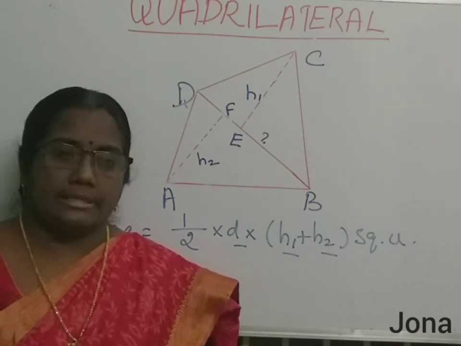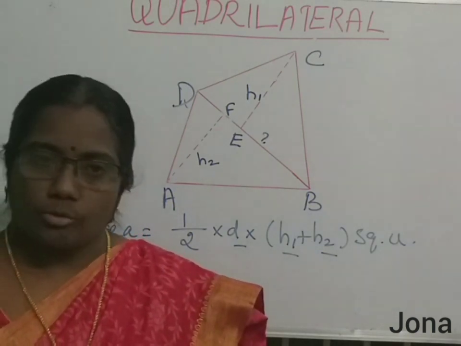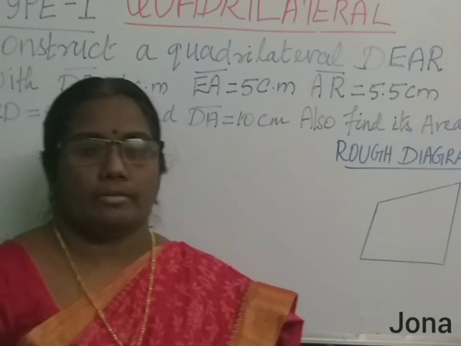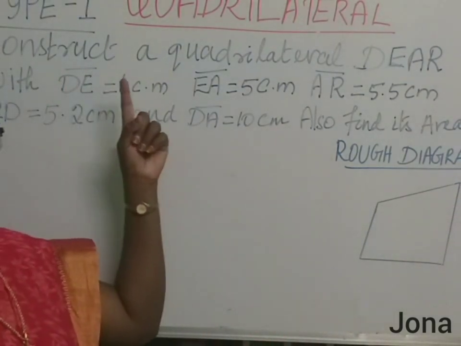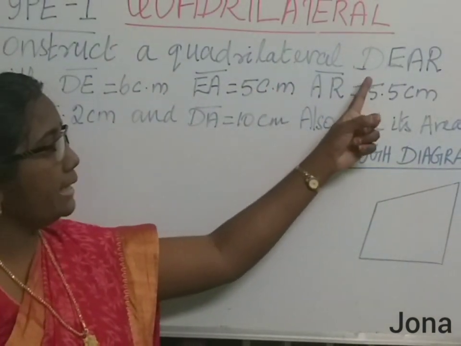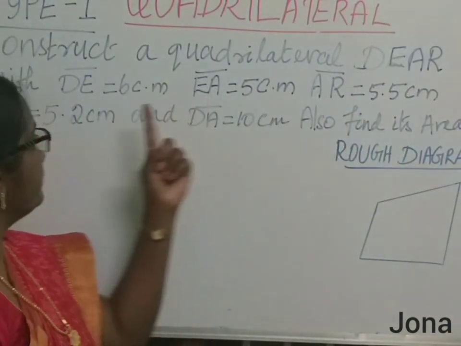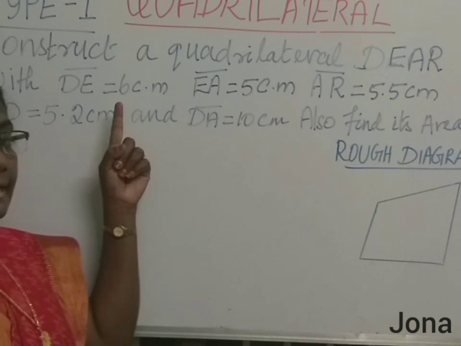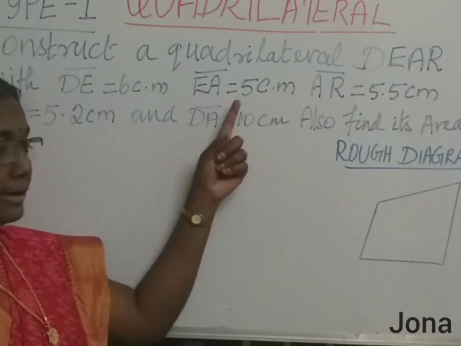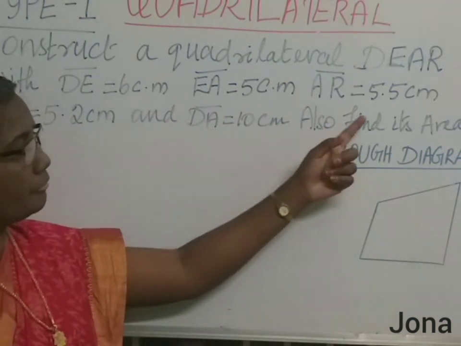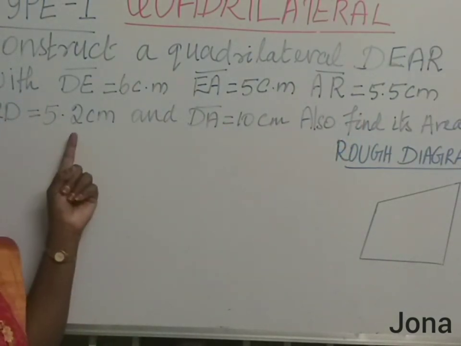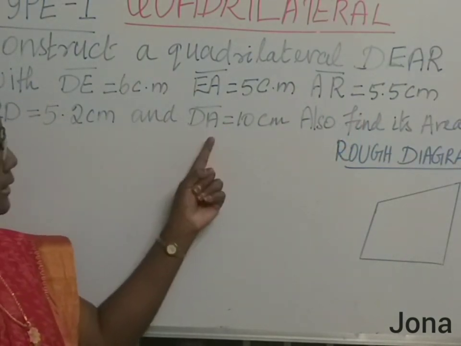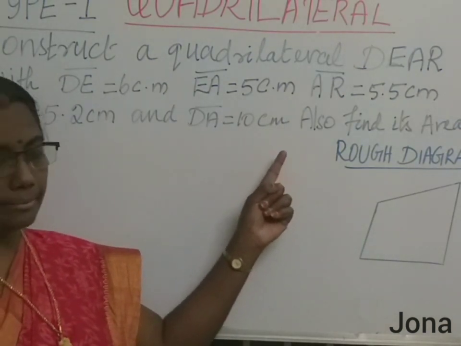Let me see how to draw the quadrilateral. Type 1. Here is given: construct a quadrilateral DEAR with DE 6 cm, EA 5 cm, AR 5.5 cm and RD 5.2 cm, DA 10 cm.